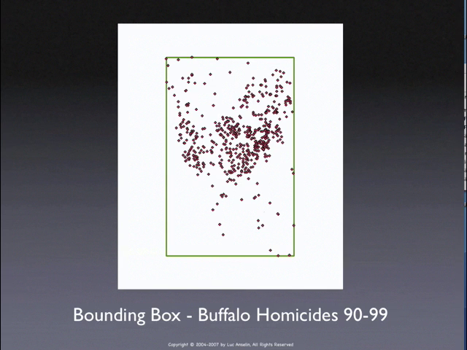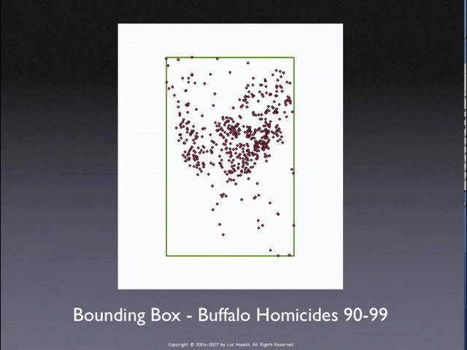So we take the smallest x, which is these points here, the leftmost points, and the lowest y, which corresponds to these points. So the combination of this x coordinate and this y coordinate is the lower left corner. And then the reverse, we take the highest x value and the highest y value, and that makes the upper right corner right there. So the rectangle that connects these points is referred to as a bounding box or a bounding rectangle.